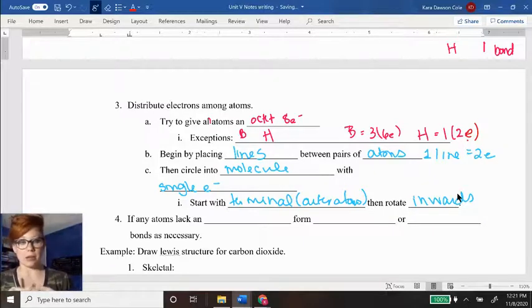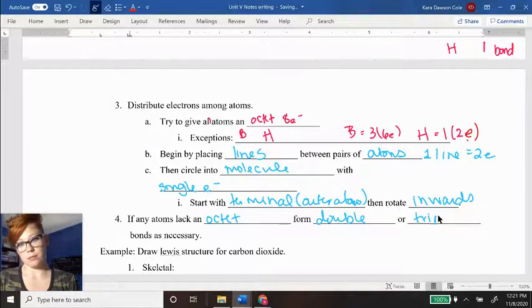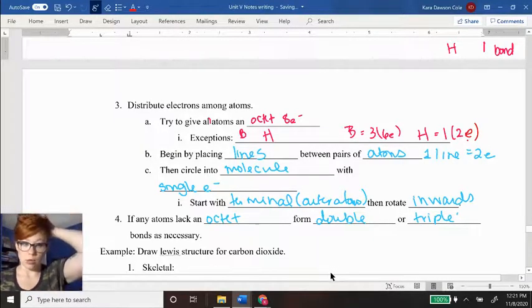If any atom lacks an octet, you can form double or triple bonds as necessary. So putting another line in or 2 more lines in will help you to do that.